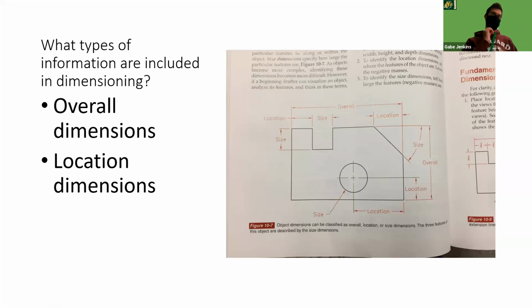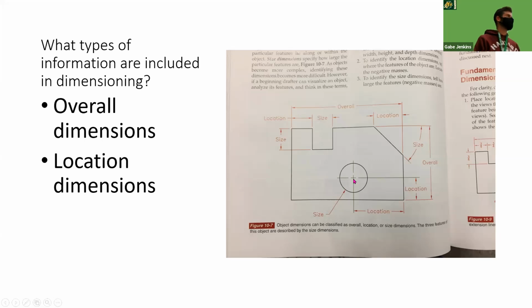A second type of information you can get from dimensioning is location, like where something is. For example, if we look down here at this circle in the middle of this shape, there are annotations that tell you, if I'm looking for the center of that circle, how high is it off the bottom of the shape, and how far from the end is the center of that circle?